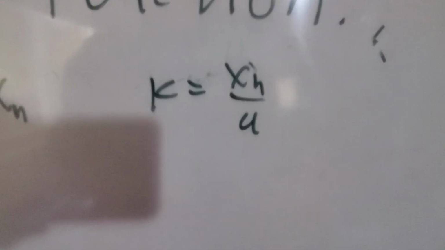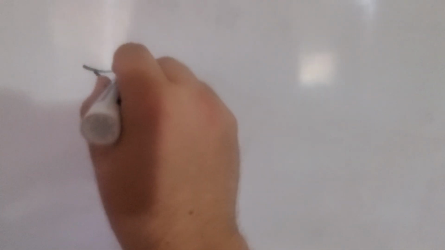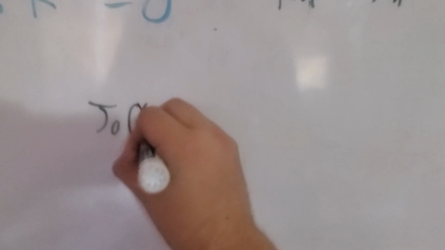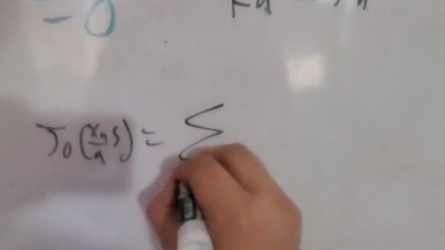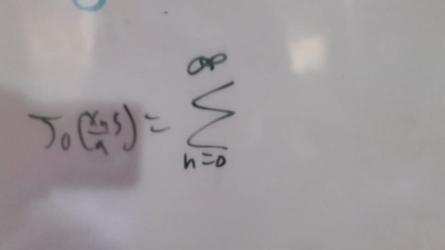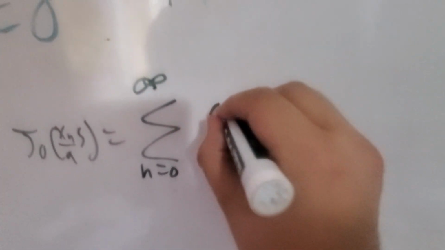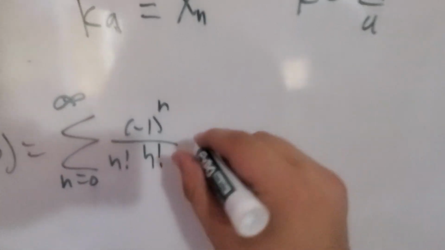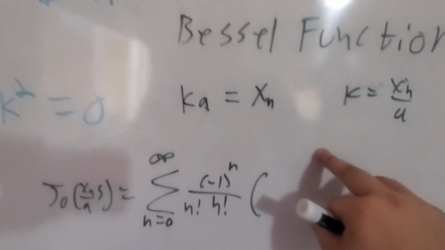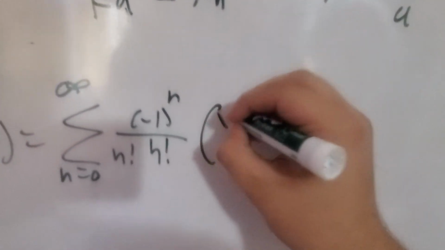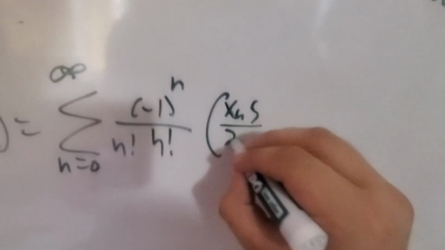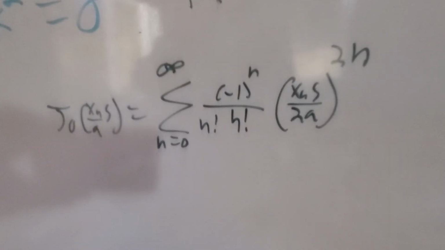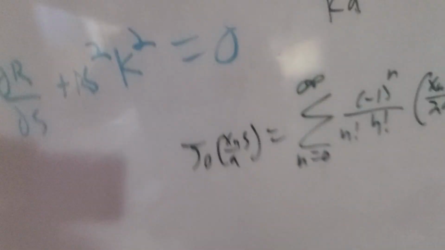If we plug this back into our original Bessel function, where we have J0 of, instead of k, xn over a times s, we get this, negative 1 to the n, 2n factorials at the bottom there, and what we now get is an xn s over 2a to the n. There we go.